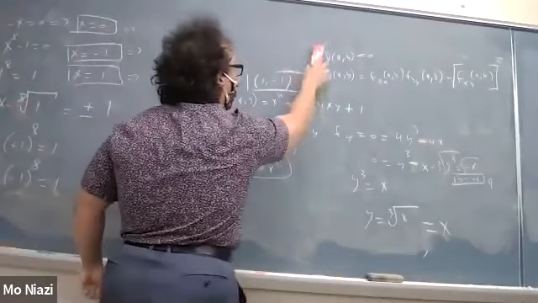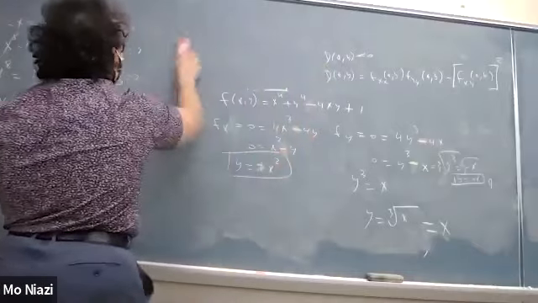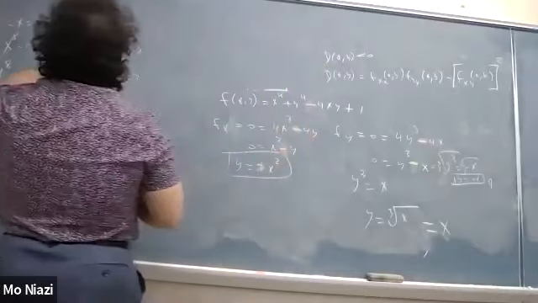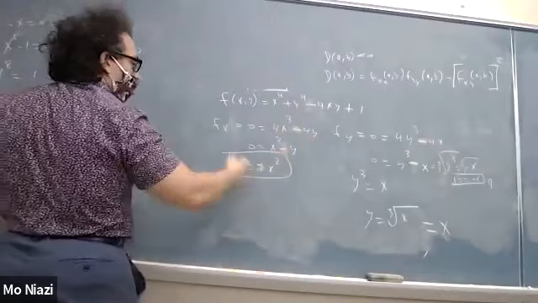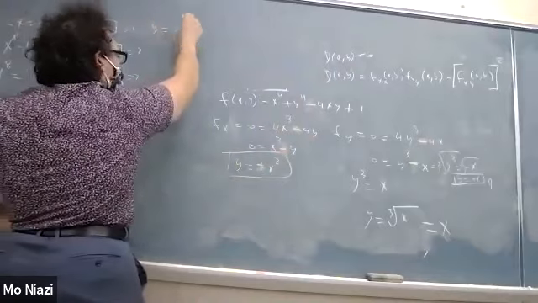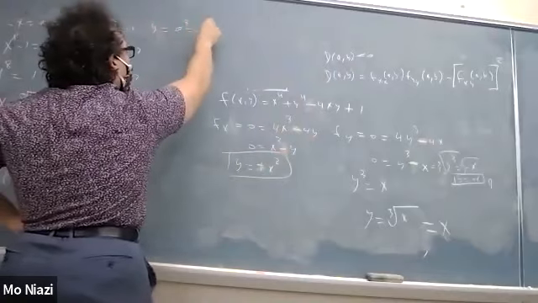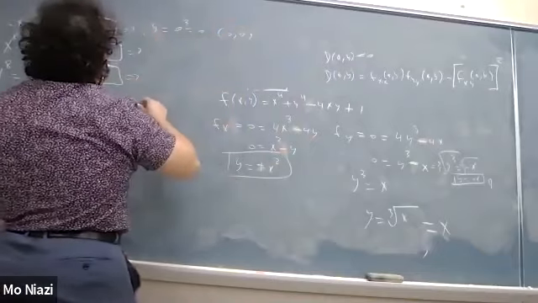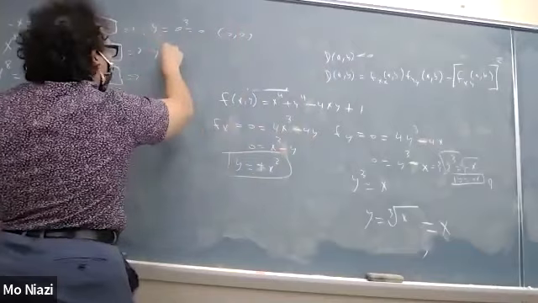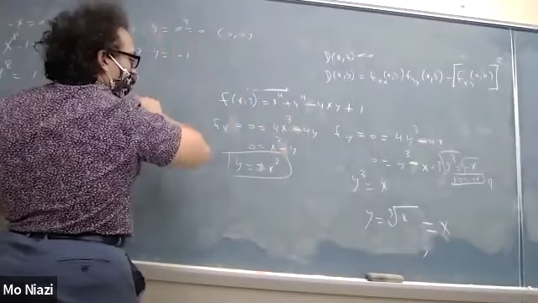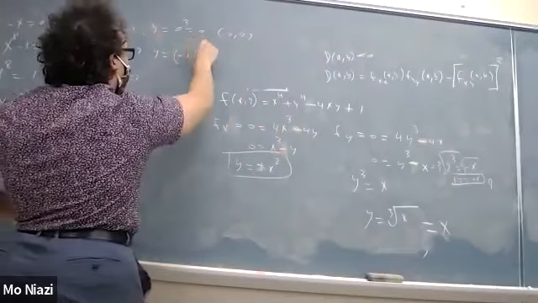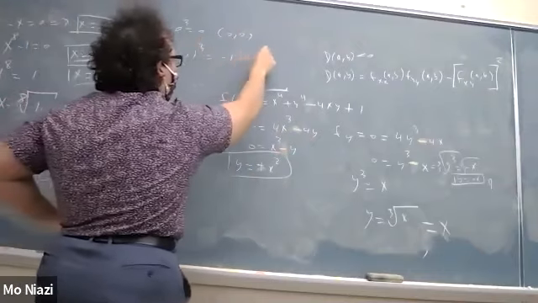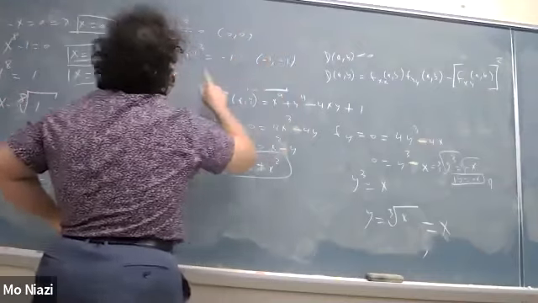Let's redo this part real quick. All right. When I plug in a 0 for x, I get y is equal to 0 cubed, which is 0. So one of the points is 0, 0. When I plug in a negative 1 for x, I get y is equal to negative 1 cubed, which is negative 1. So that means I get negative 1, negative 1.